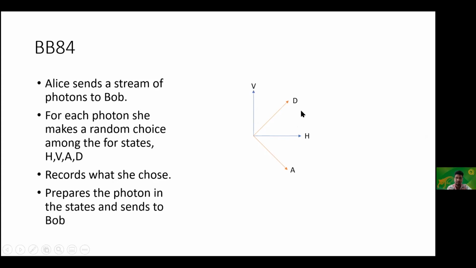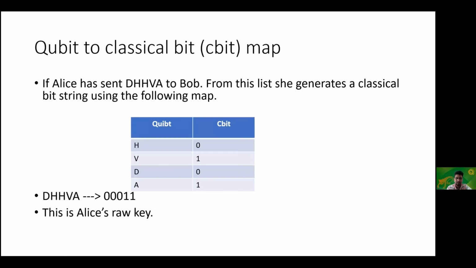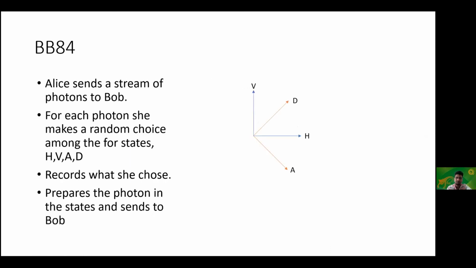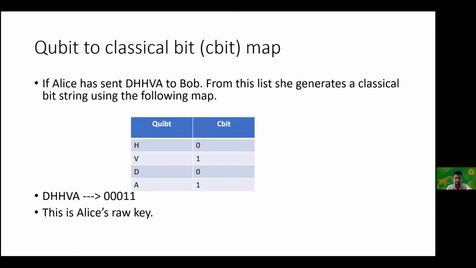The same goes for V and D. So to get the right outcome, you have to always choose the right basis. If you measure in the same basis in which you prepared the photon, you will always recover the photon's identity.